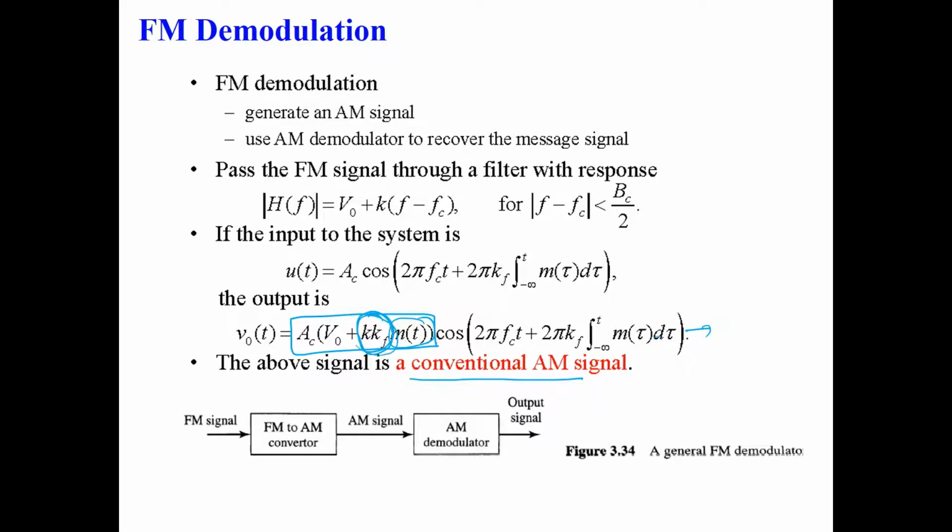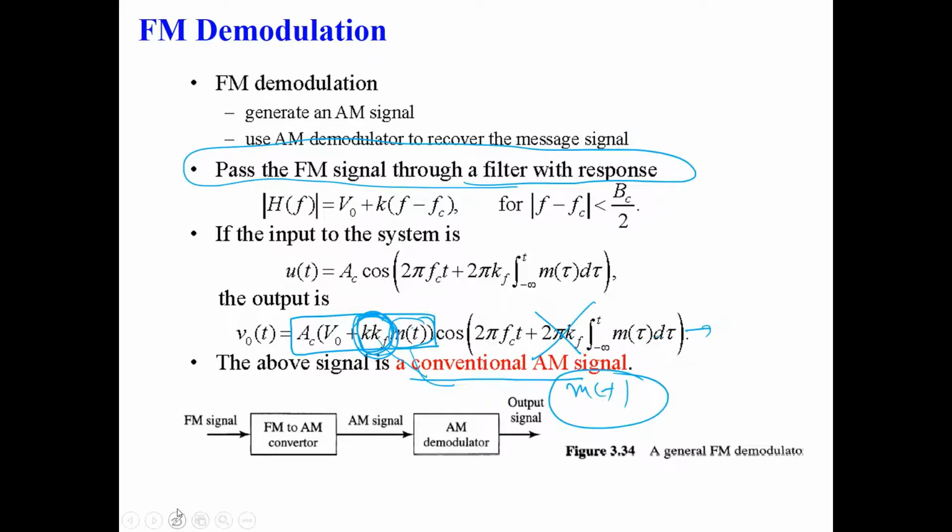These other factors will be removed using a high pass filter. We keep the high frequency components, so we will have only these components. Then we can use just the envelope detector and detect our message signal. So this is the demodulation part: first convert FM to AM using a filter with this response, and then we can do that.